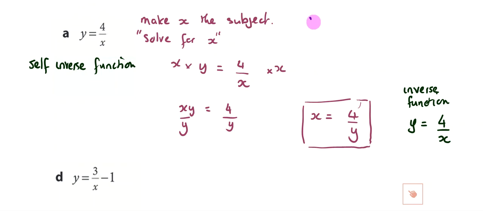Do you remember the other notation for inverse functions? No? So if we say f of x equals 4 over x, the function that is applied to x is 4 divided by x. The inverse function is written as f inverse, so it's the same thing, inverse.